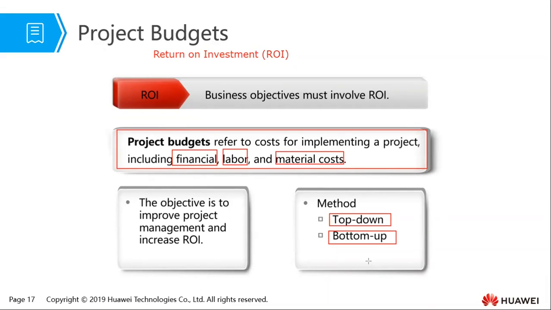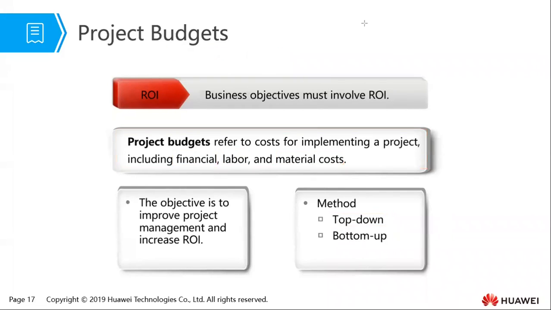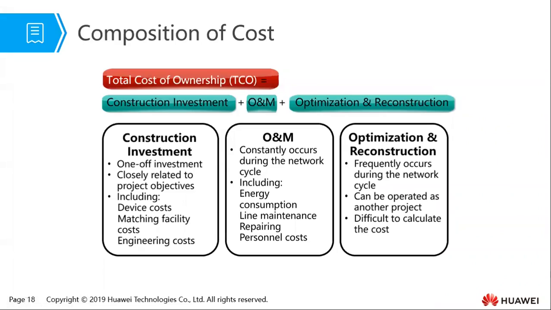So that is what we call the bottom-up approach when it comes to creating budgets. The composition of the total cost is what we call the TCO, or the total cost of ownership.